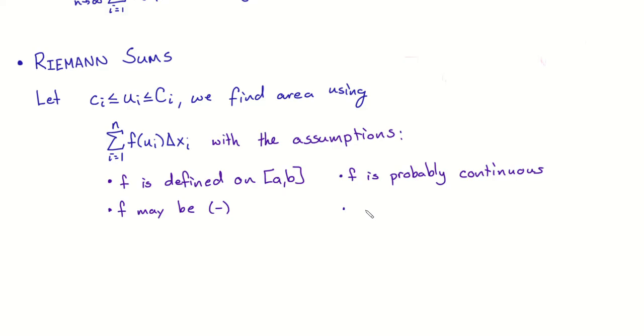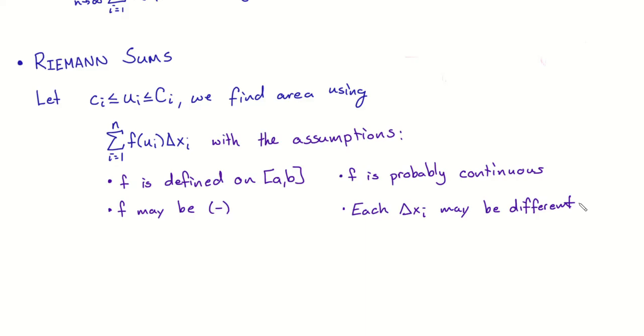Only two more. Each delta x sub i, which is just each little subinterval, may be different. The good news is we have not seen it be different yet, so we don't have to stress too much about it other than the fact that it could be.